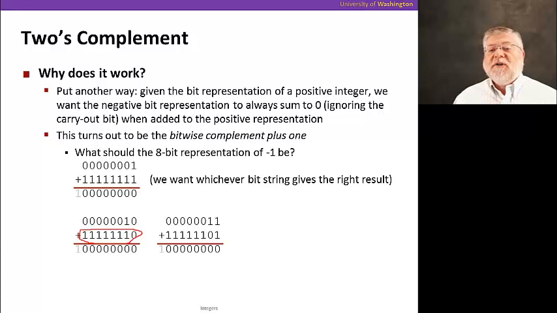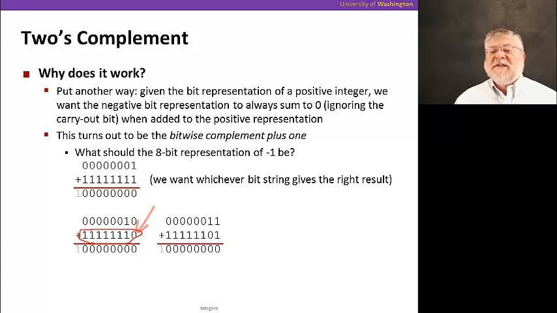Okay? And you'll notice that that's just the bit pattern of the number 2 complemented and then adding a 1. So if we complemented every one of these bits, we would get 1, 1, 1, 1, 0, 1, but then when we add 1, we would actually get this value here, which is our -2.